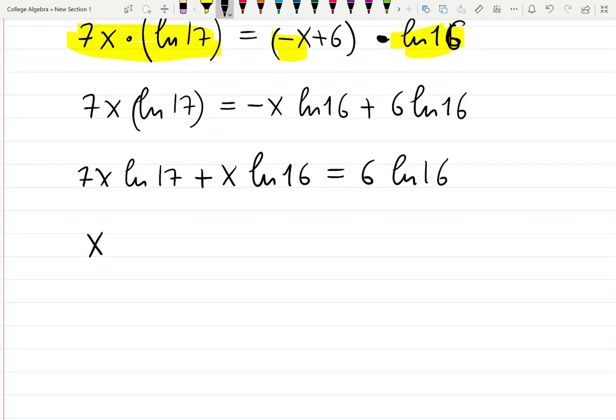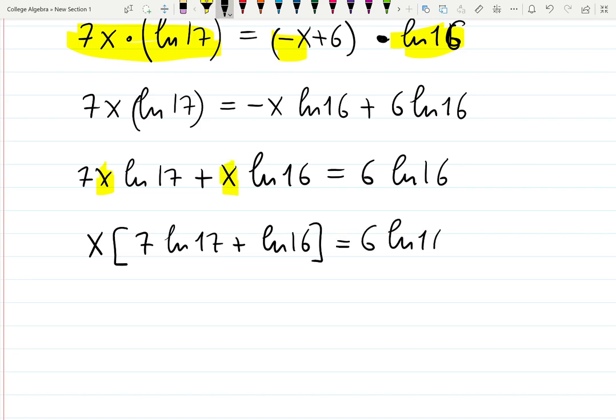Now I will factor out x. I will have x times 7 ln 17 plus ln 16 equals 6 ln 16. What does it mean to factor out? Factor out means I will divide by those brackets. x equals, that's the last step actually, 6 ln 16 divided by everything in those brackets, 7 ln 17 plus ln 16.